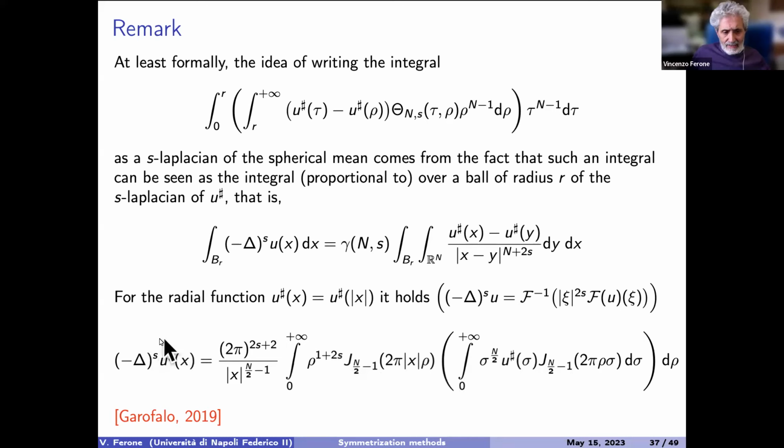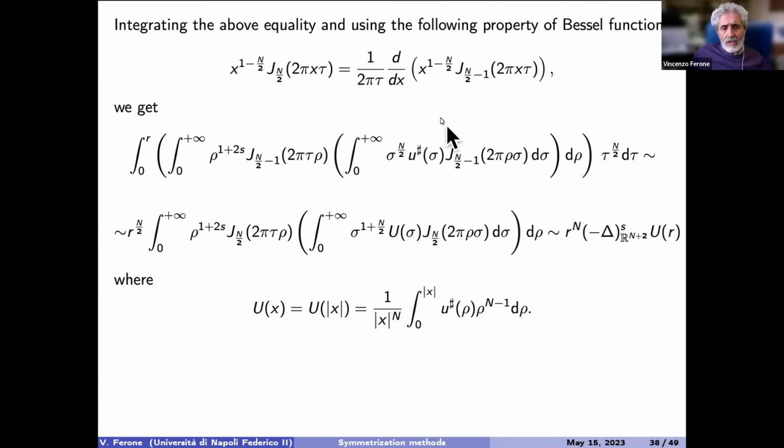So if I integrate all this, I can use the recursive formula concerning the derivative, which is written here, in order to show that integrating between 0 and r the S Laplacian, this integral goes inside and comes out to be the same quantity, but instead of n over 2 minus 1, there is n over 2.